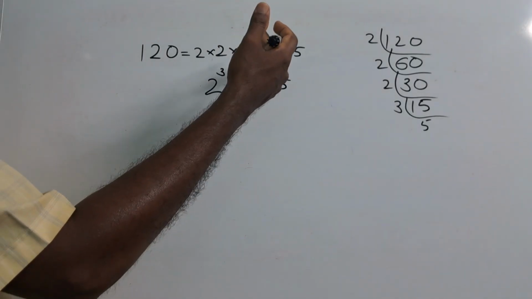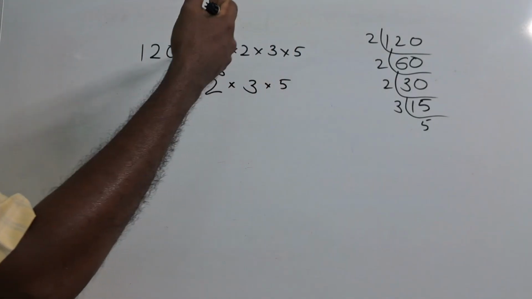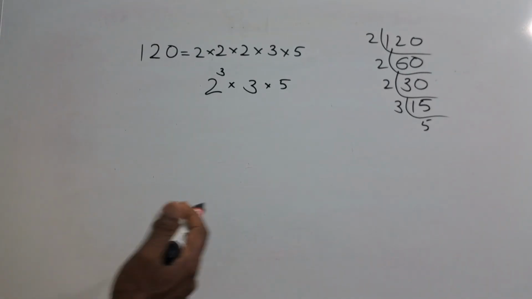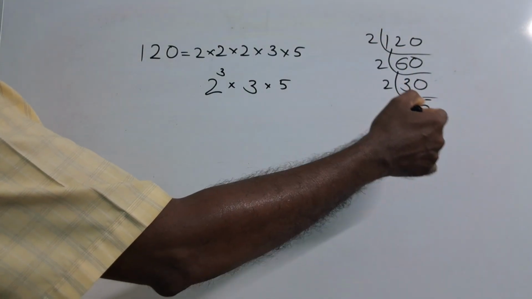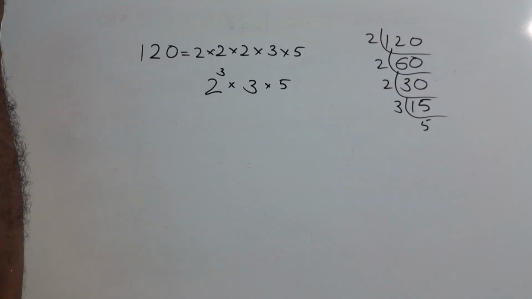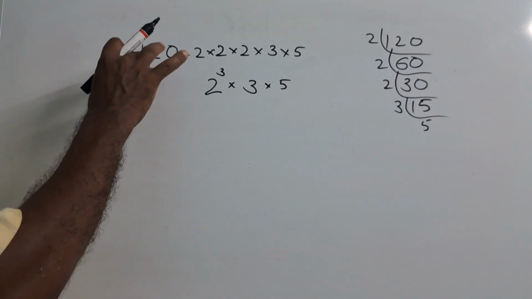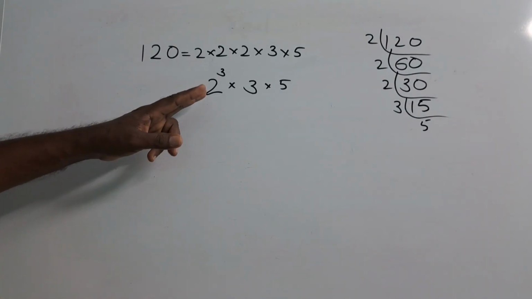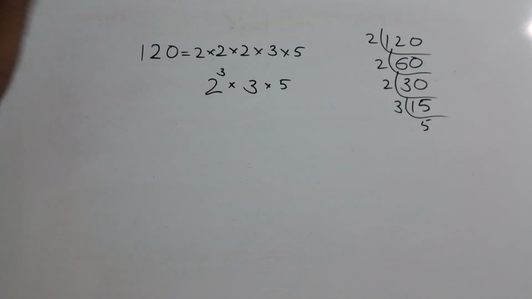One may first write 5, then 3, then 2. I have used here the increasing order of prime numbers. It doesn't matter. In whatever way you express 120, you have three 2s, one 3, and one 5. This is what the fundamental theorem of arithmetic says.